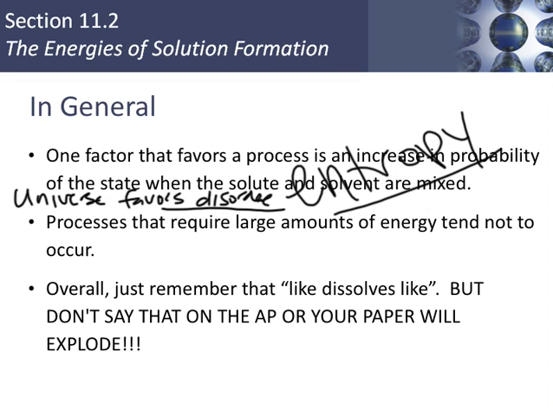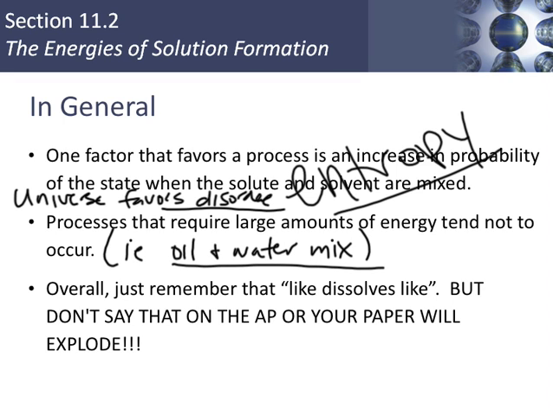Processes that require large amounts of energy tend not to occur. Example, oil and water. If I had to mix oil and water, I would have to put in way more energy in order to force those suckers together than I would get out. So that's not going to happen.